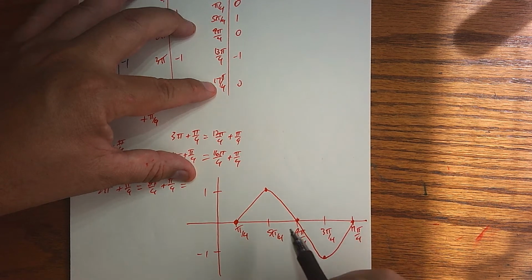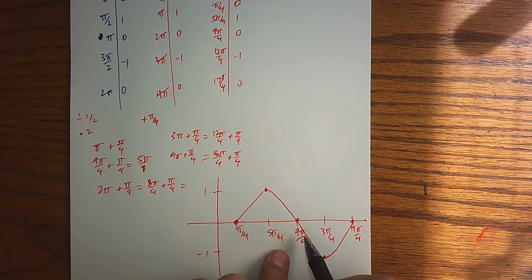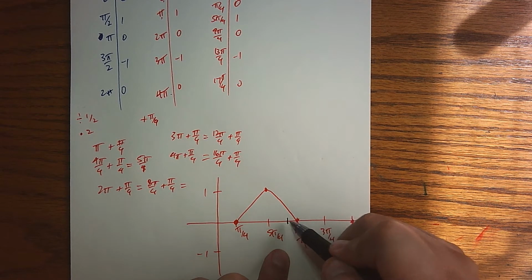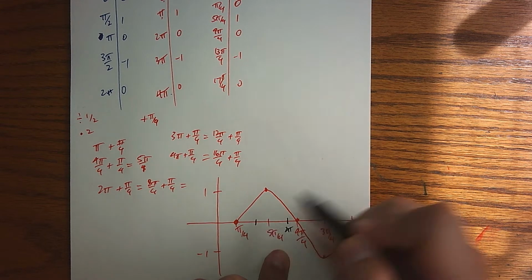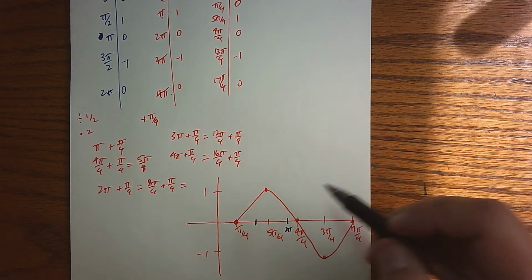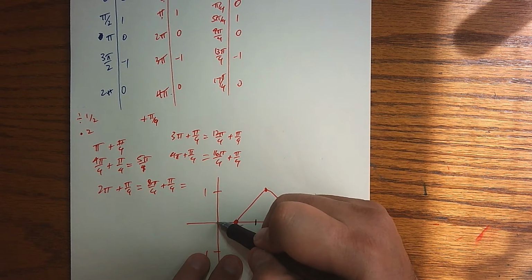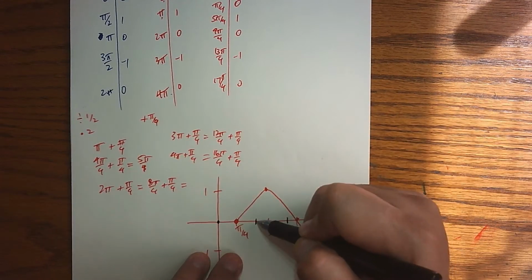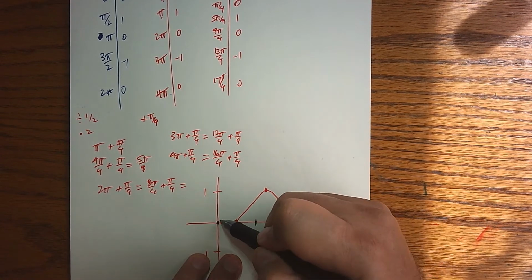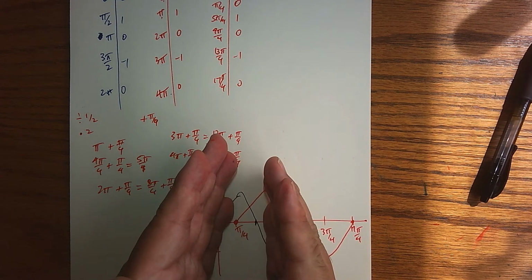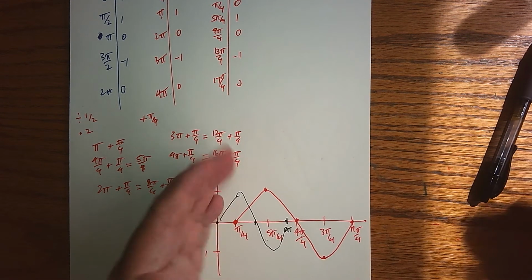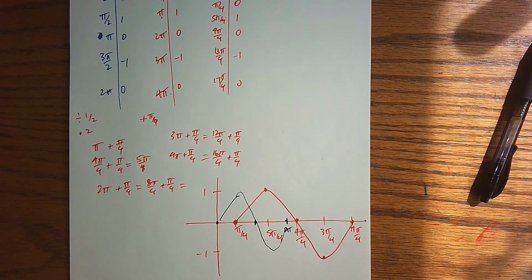To compare this, 9 pi over 4, the 2 pi would be roughly about right there, and so pi would roughly be about here. And so a normal sine graph doing all its action would probably look like this eventually. So you can see that the graph has been stretched out and then shifted over pi over 4 units in terms of a comparison.